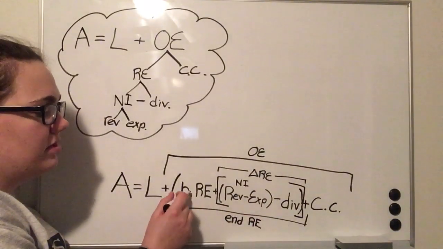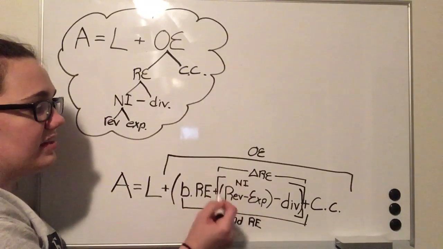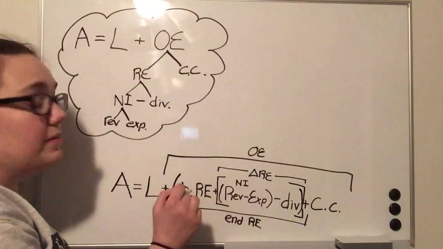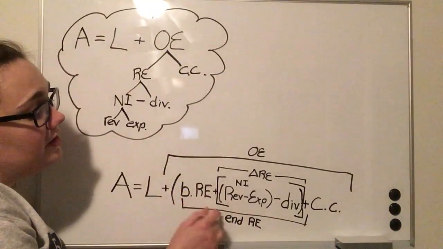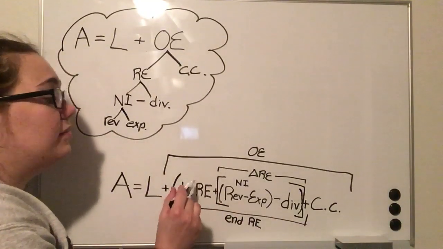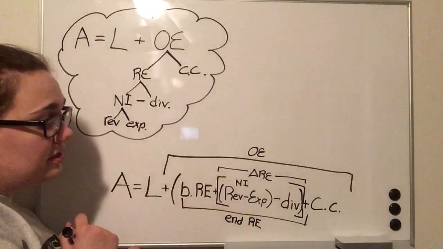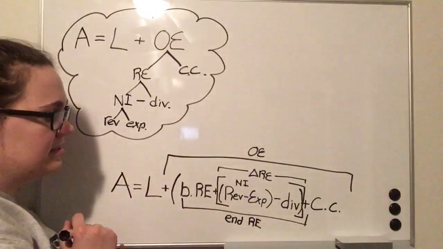So for example, if I'm solving for X, I would subtract my change in RE from the end RE and find beginning. If I'm trying to find end, then I would just add beginning RE with the change in RE and find ending retained earnings.